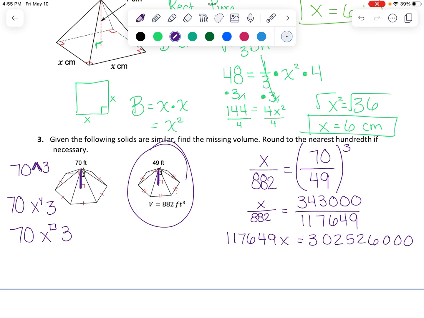Divide by 117,649. It's not pretty, but I get 2,571.43, and it's a volume, and the unit is feet, so feet cubed.